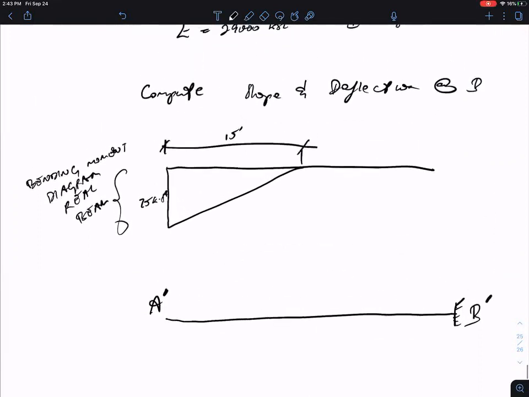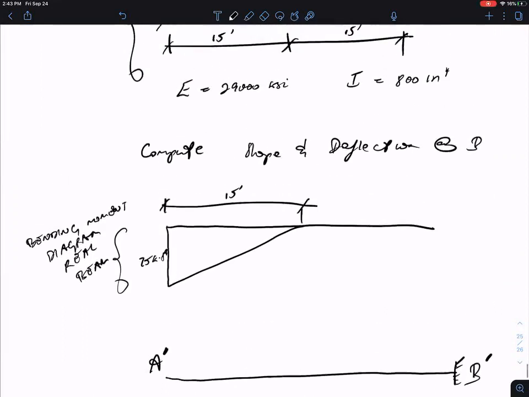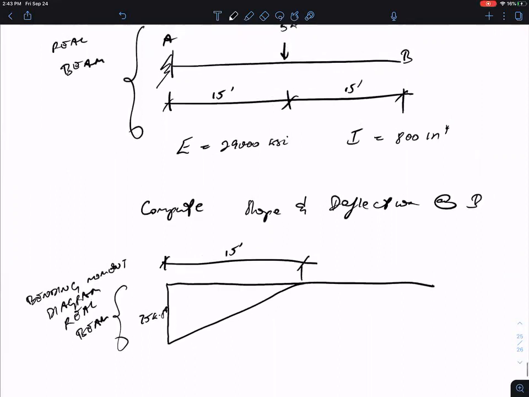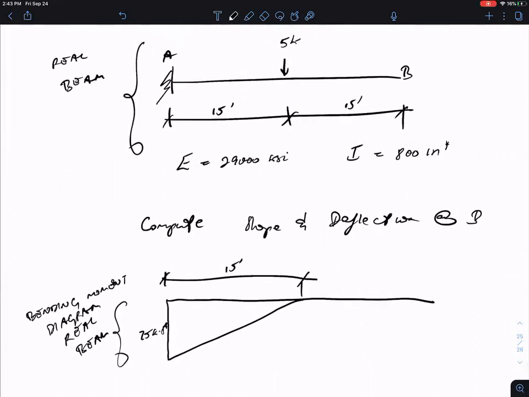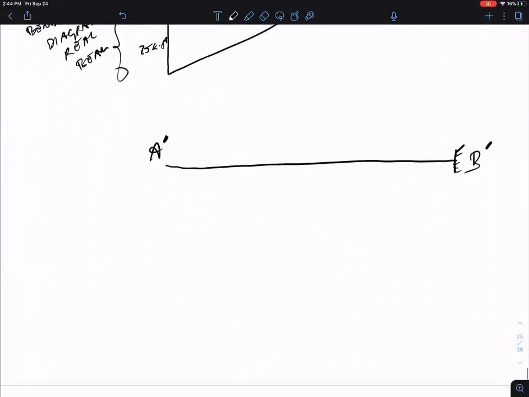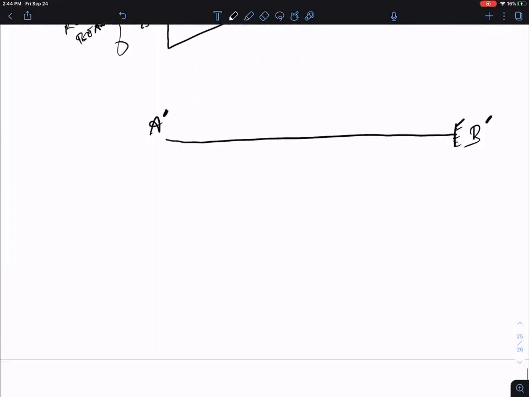of the real beam. Now, keep in mind, in this case, the moment in the real beam is actually negative because it bends the beam concave downwards, or concave in the direction of the negative local y-axis. So therefore, our M over EI loading is also going to be negative.